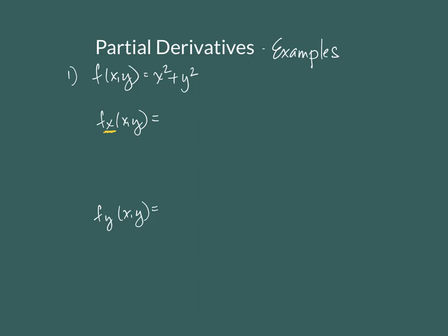So I'm going to write the function down here, and then underline the fact that x is the variable of interest, and that's what we're going to treat as we normally would in terms of taking derivatives. But y, on the other hand, we're going to treat as a constant.